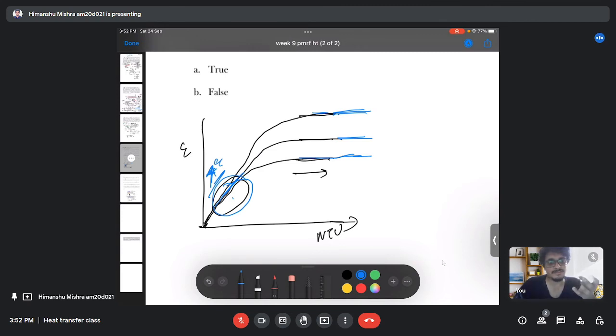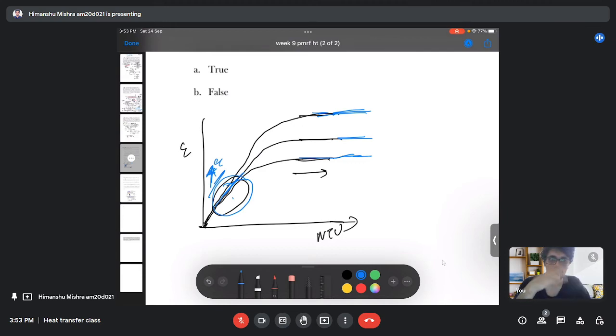And since you are using the heat exchanger for heat transfer, the first objective when you design it is that it should have high effectiveness. That means it should actually transfer the maximum heat out of the system. So your effectiveness will be higher if there is maximum heat transfer. You always wish to have a maximum heat transfer rate, but here we can see that at larger NTU there will be no rapid increment of effectiveness.